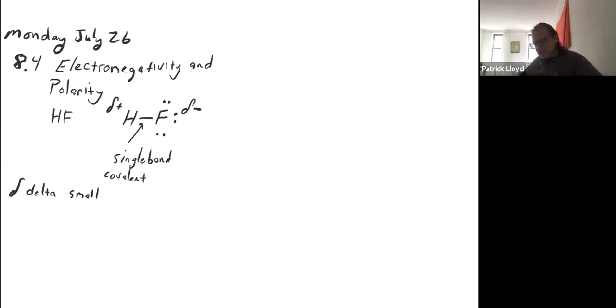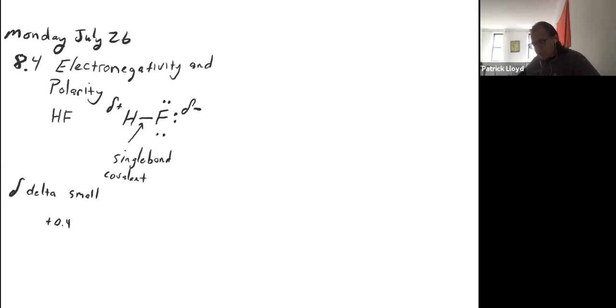When I say cancel, what I mean is imagine I said -1 and +1, they cancel each other, right? They add up to 0. So it turns out if you start studying these charges on HF, the amount of charge on the hydrogen is around 0.4. So an electron has a charge of -1 and a proton has a charge of +1.